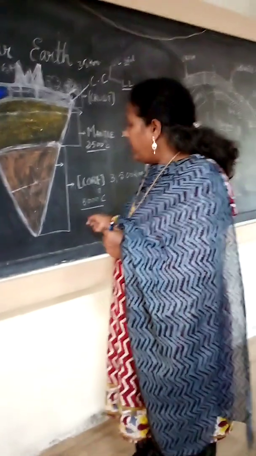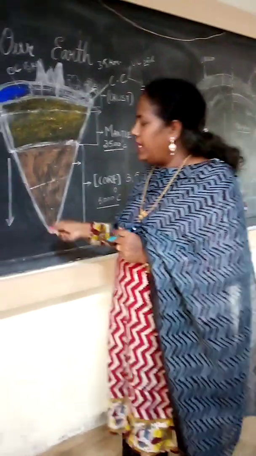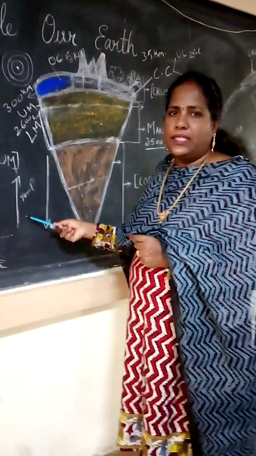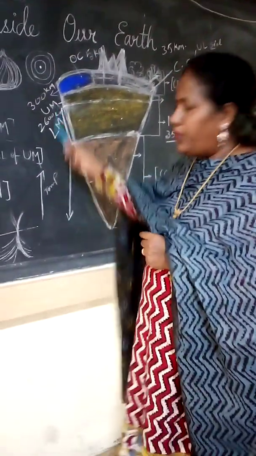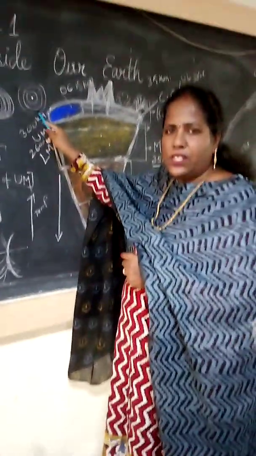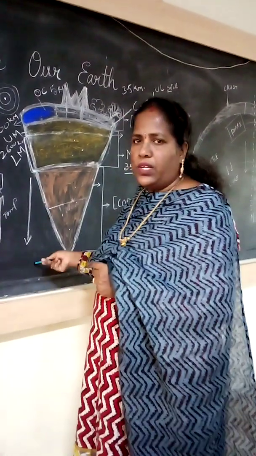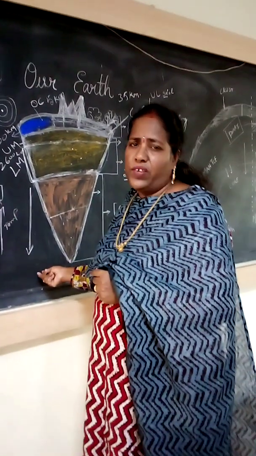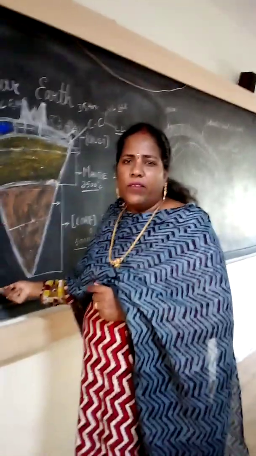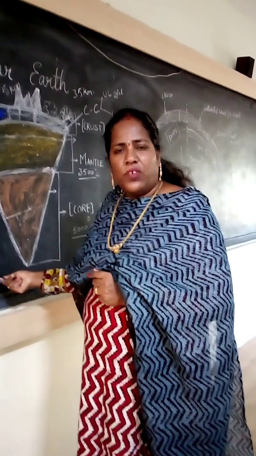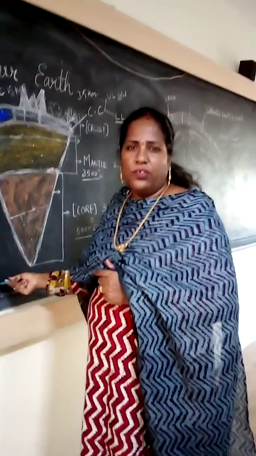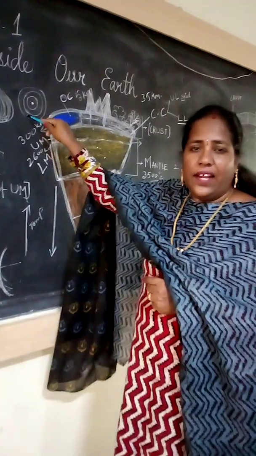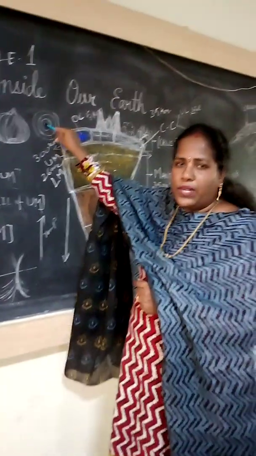So when we are going deep inside, the temperature increases. When we are going upward, the temperature decreases. Here we can see one live example. During summer, to avoid the heat, we go to mountain places like Ooty to enjoy the summer. Why? Because the mountain areas are above sea level, and when we go high, the temperature decreases.